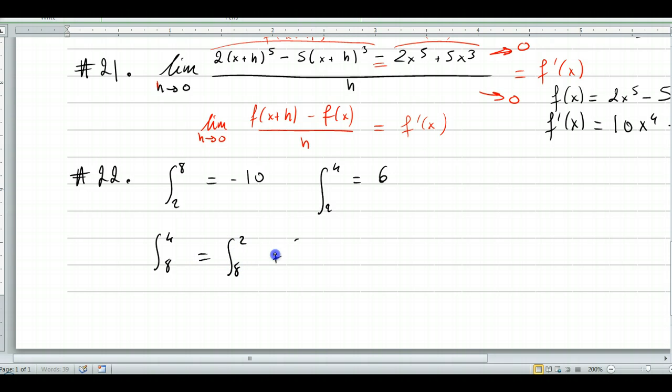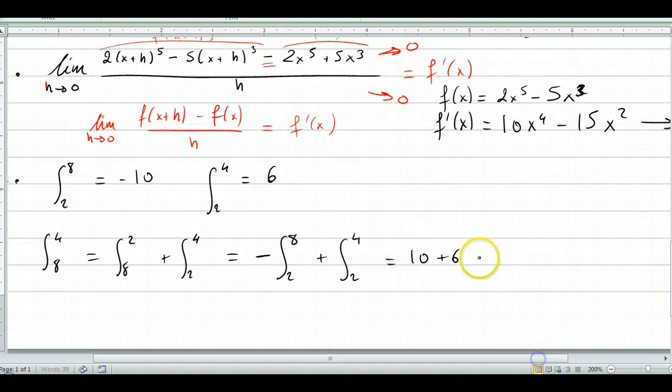That's 8 to 2 plus 2 to 4. 8 to 2 is the opposite of 2 to 8, and there's 2 to 4. Now, the opposite of 8 to 2 is the opposite of negative 10, which is just 10. And 2 to 4 is 6. So 10 plus 6 is 16. So the answer is 16. E. Alright.